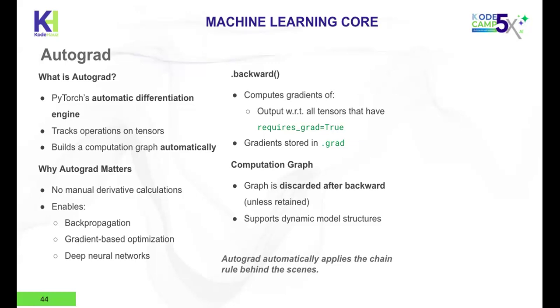So why AutoGrad matters, it helps you in that you don't need to manually define all your derivatives, right? All this while when we were doing our stuff, we would have to define a function and call it gradient. Even though it was easy because we were using gradients of simple linear equations, right?